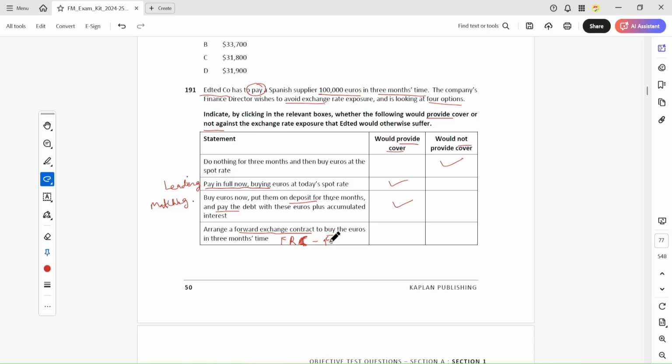For foreign currency risk it is a forward exchange contract, and for interest rate risk it is a forward rate agreement. So this is the right answer.